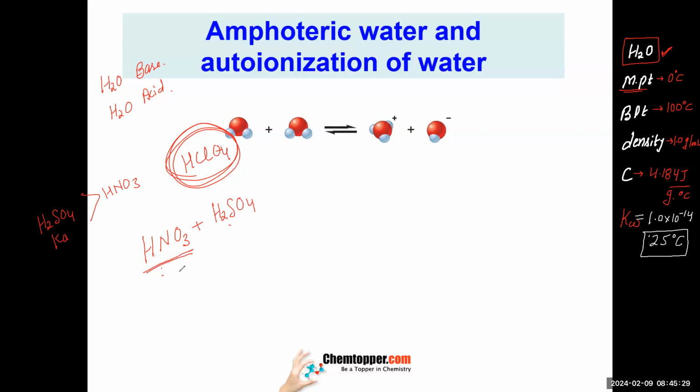As an acid or a base? H2SO4 is a stronger acid than HNO3. It's going to behave like a base. Very good, Ashleisha. And how is H2SO4 going to behave? Like an acid. Can you complete the equation?